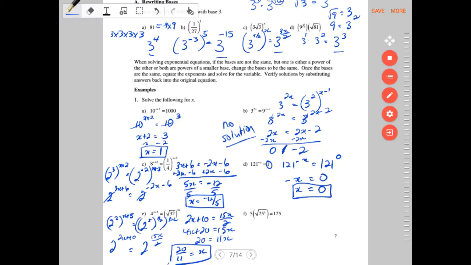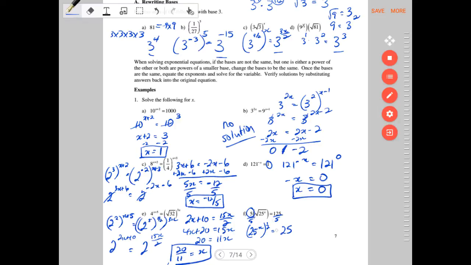Last but not least, letter F. 5, 25, 125, those are all powers of 5. However, I need to get rid of this coefficient first so that I can simplify that. So I can just divide both sides by that 5. So I get 25 to the x all to the half equals 125 divided by 5, which is 25.